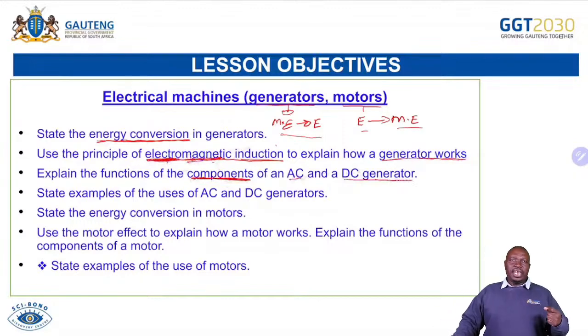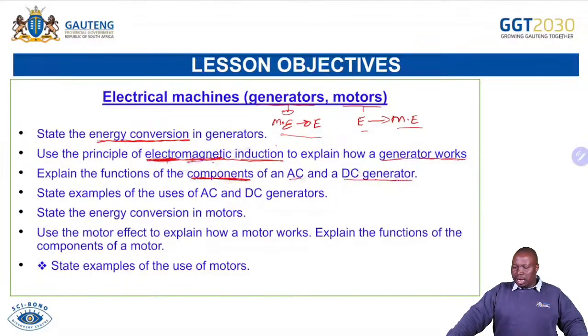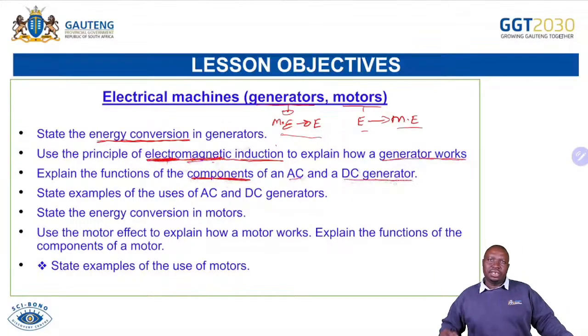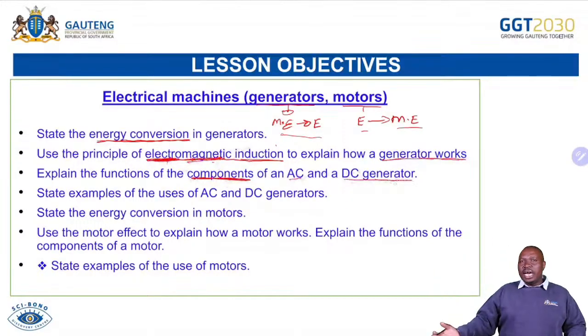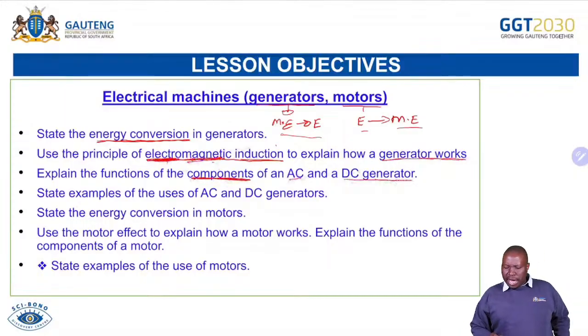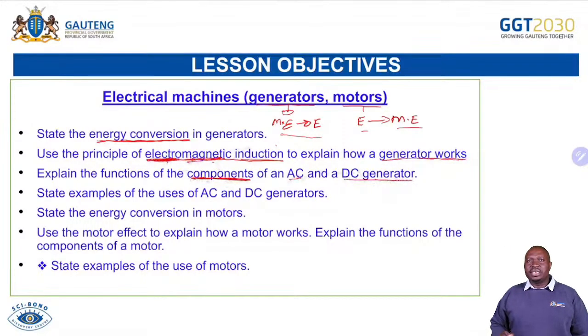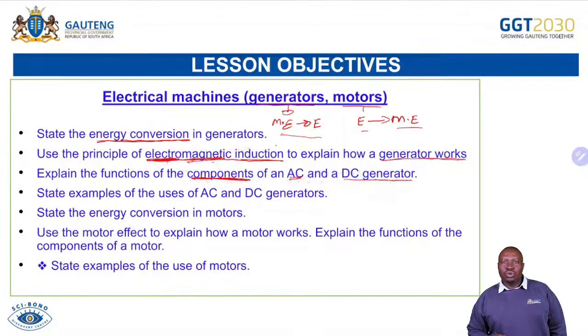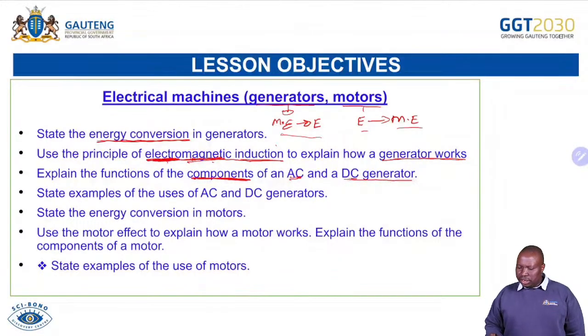You can hear from the name, alternating, which means there is a periodic change in the current that is generated. And DC means direct current, which means our current is flowing in one direction. So we're going to look at both the AC and DC generator and their components. How do you know that this is an AC generator? How do you know that this is a DC generator?